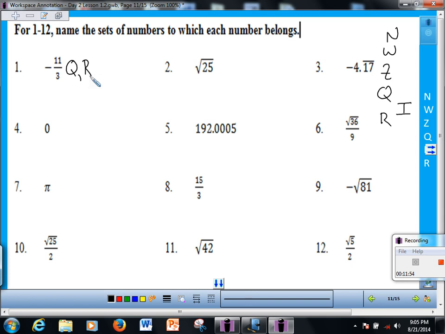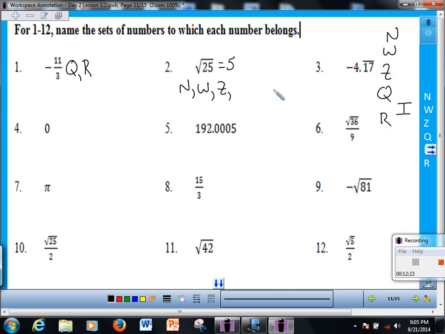Number 2, the square root of 25. The square root of 25 is really 5. So I'm going to come over here and figure out the first set it belongs to. Well, 5 is a natural number, a counting number. Now watch how this works. Since it's a natural number, it's automatically a whole number. If it's a whole number, it's automatically an integer.